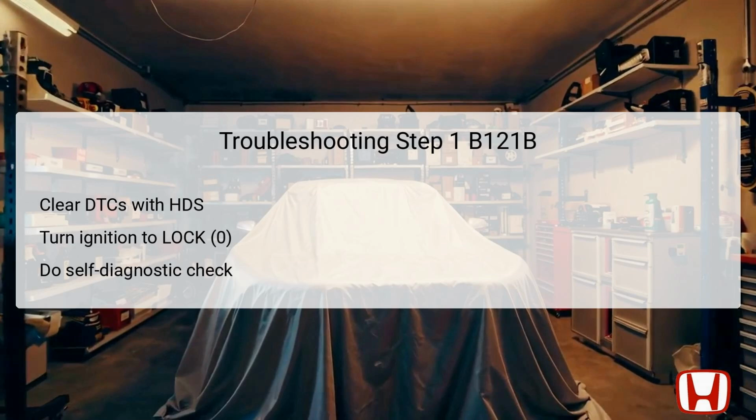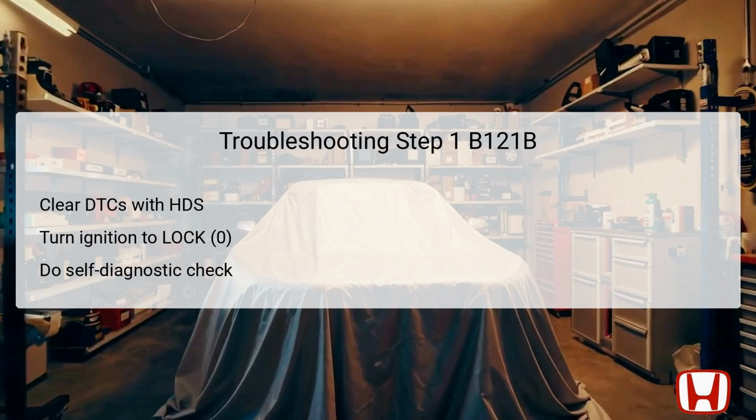Following this, a self-diagnostic check must be performed through either the HDS or directly via the climate control unit. It's crucial to observe whether DTC B121B appears again during this check.